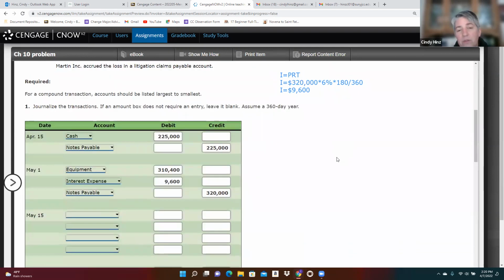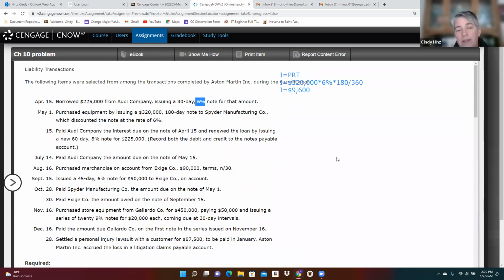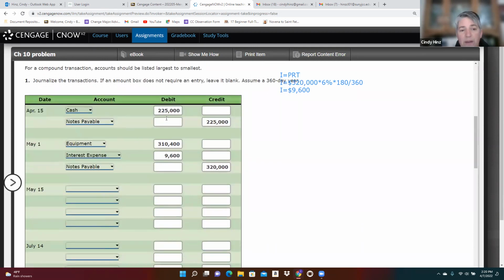That's a little bit odd, that you would debit and credit the same account, but I think they want us to see what's happening. So we're taking this note that we had set up on April 15th of 225, and we're going to clear that out.